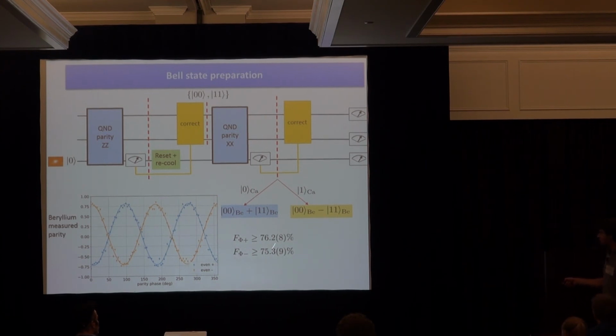The contrast, you see, is pretty small. It's 76%. Yeah, we are not happy. We are still pushing up fidelities. As I said before, we are blaming it on beryllium. We have already improved the system quite a lot, and I'm in the process of retaking this data as I go back.